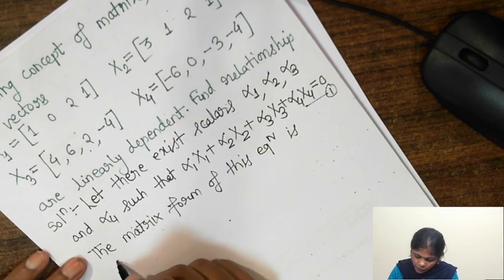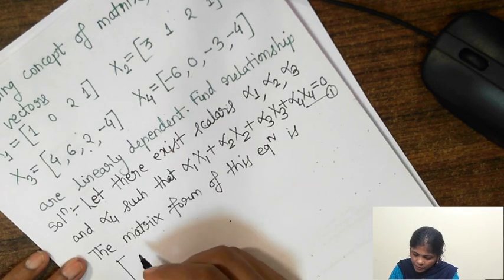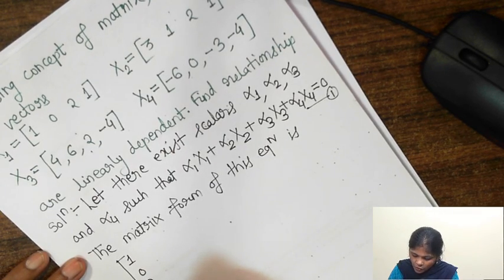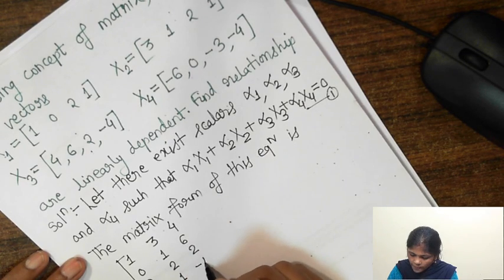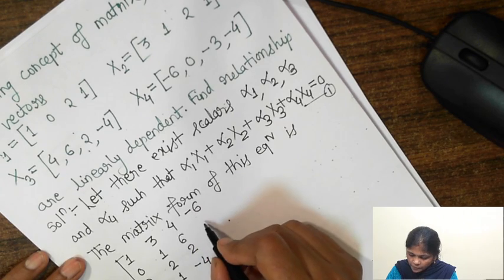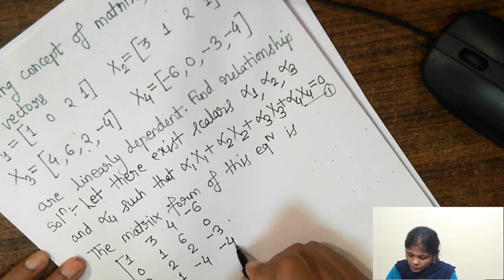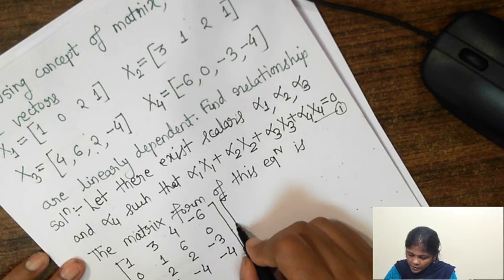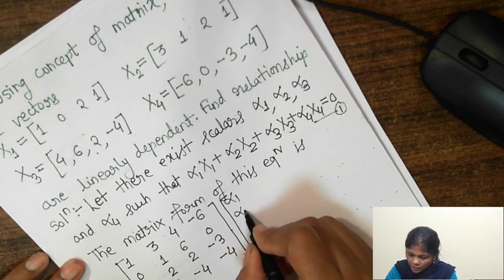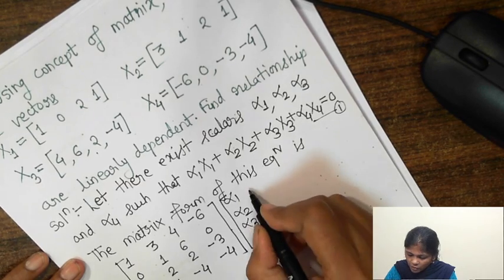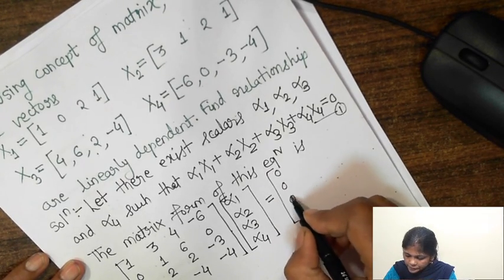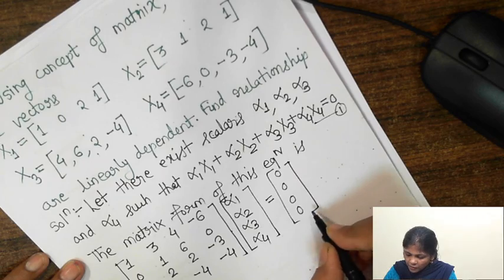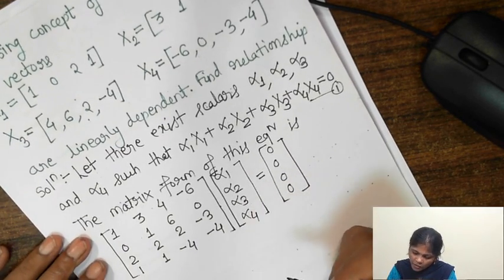We write the first vector as the first column: 1, 0, 2, 1; the second vector as the second column: 3, 1, 2, 1; the third vector as the third column, and the fourth as the fourth column, into the matrix of scalars alpha 1, alpha 2, alpha 3, alpha 4, and finally a matrix of the null vector. Remember, the order of the matrix of the null vector must be the same as the order of the scalar vector.